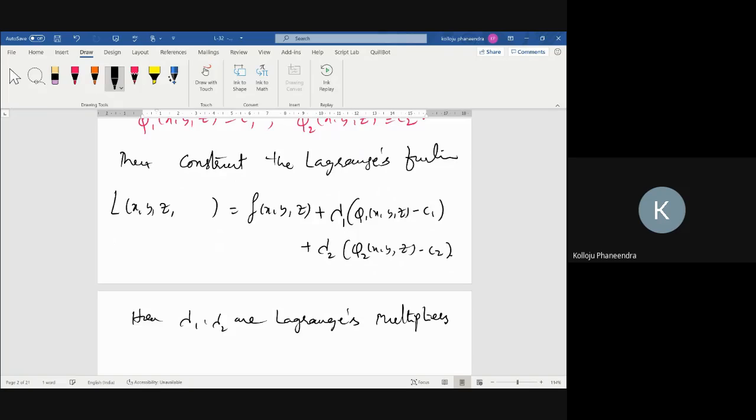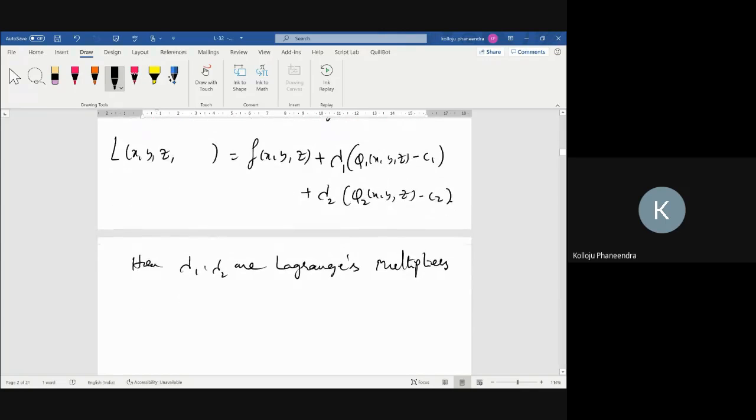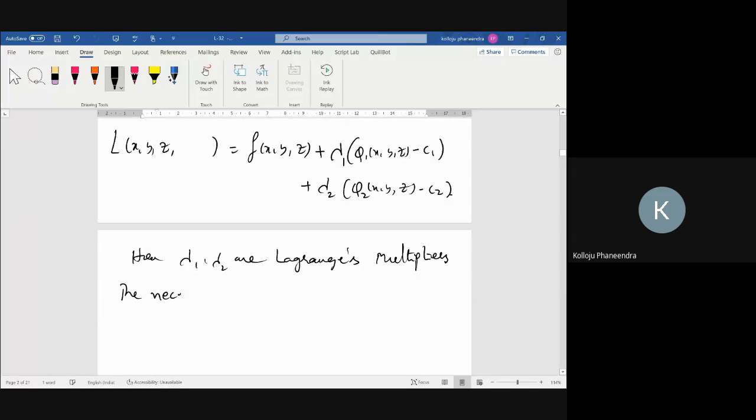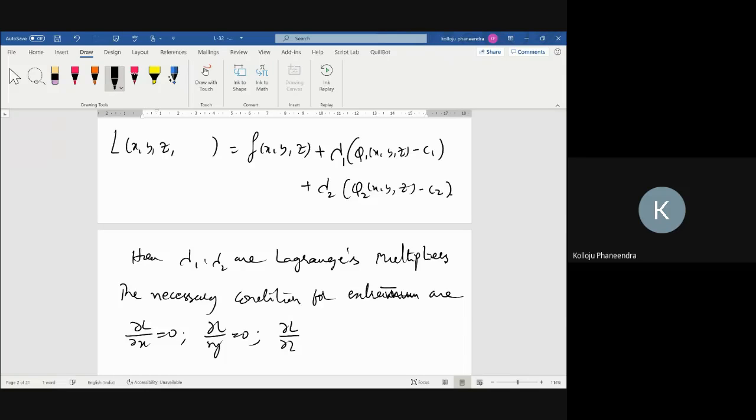The same is extendable. If three conditions are given, one more term, plus lambda 3 into phi 3 of xyz minus C3, like that. And what are the necessary conditions for extremum? Dou L by dou x equals 0, dou L by dou y equals 0, dou L by dou z equals 0, and for the remaining 2 unknowns, dou L by dou lambda 1 equals 0, dou L by dou lambda 2 equals 0.